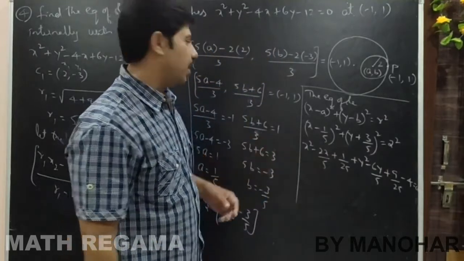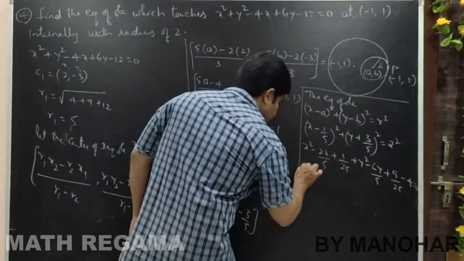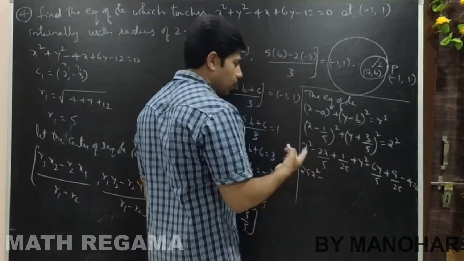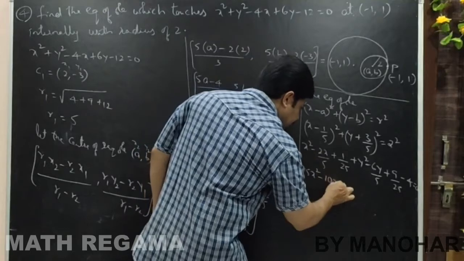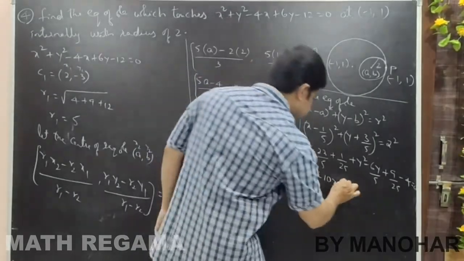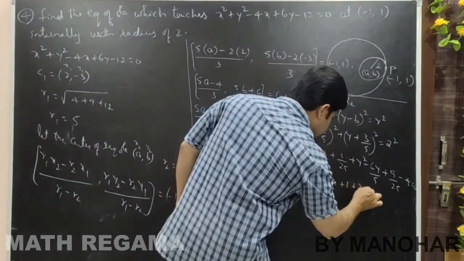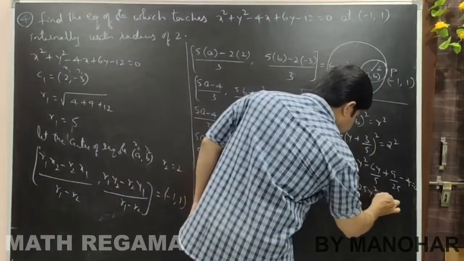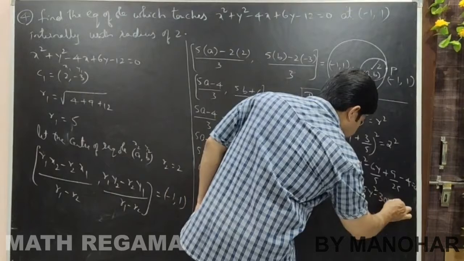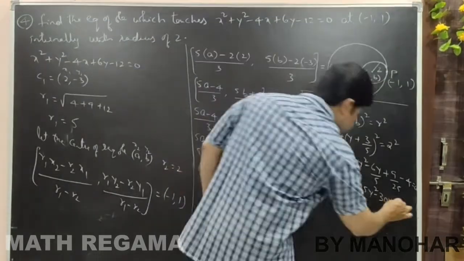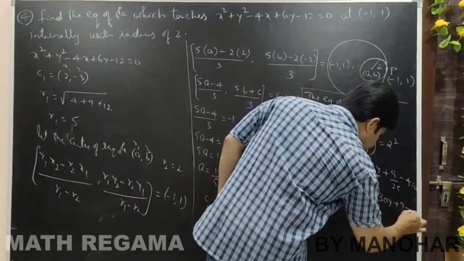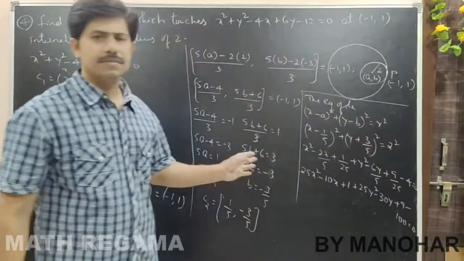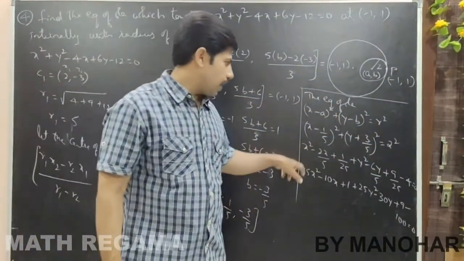The LCM is 25. So we get 25x square minus 10x plus 1 plus 25y square plus 30y plus 9 minus 100 is equal to 0. Just simplify this by taking the LCM after expanding, so we get this.